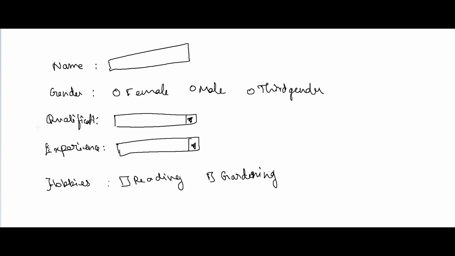Field set means, see, these two are about personal data, these two are about academic or career data, and this is others. We can group these.